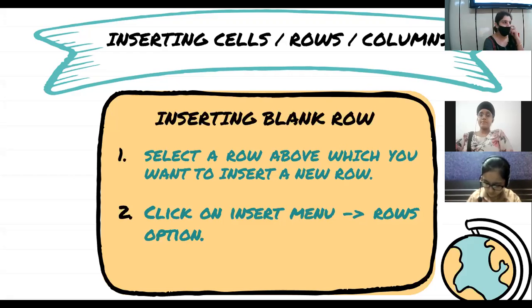So you have to make a table yourself for all the commands so that it is easy to learn. After completing the chapter, make the full-fledged table of commands, okay? Insert menu rows option. So this will insert a blank row in your worksheet, right?